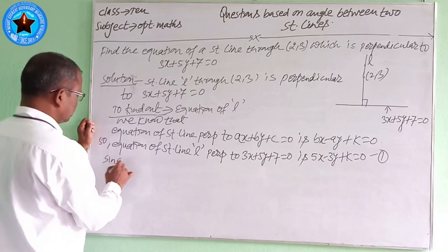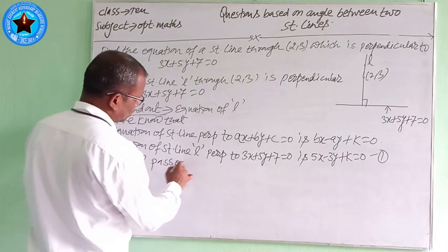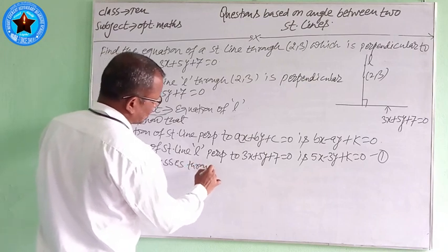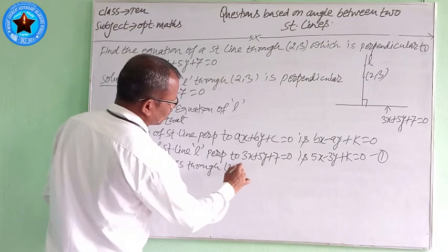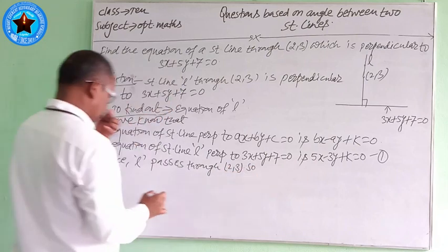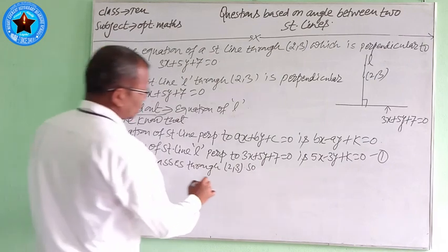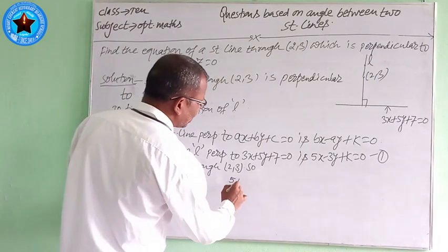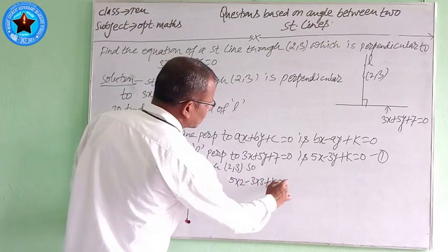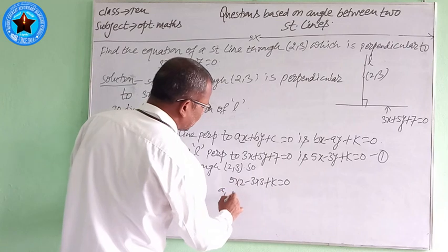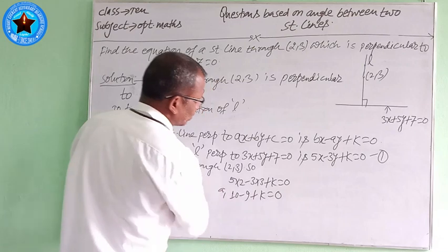Since L passes through 2, 3, we can write 5 into 2 minus 3 into 3 plus k equals 0, or 10 minus 9 plus k equals 0.